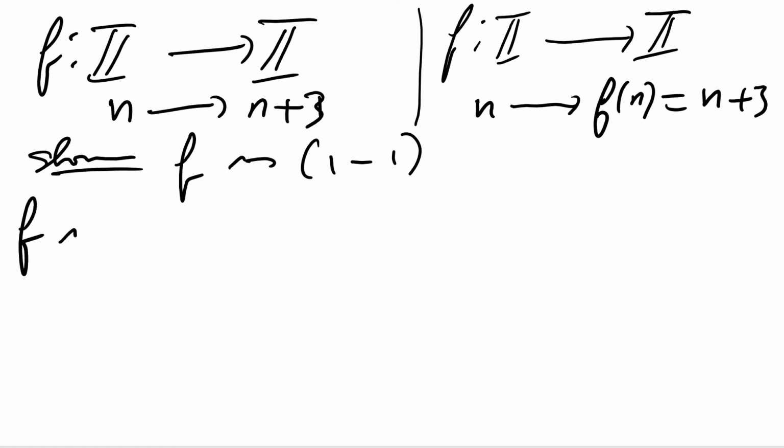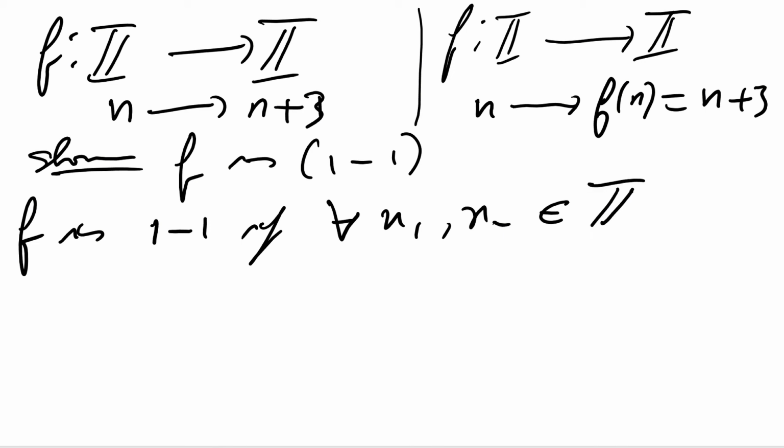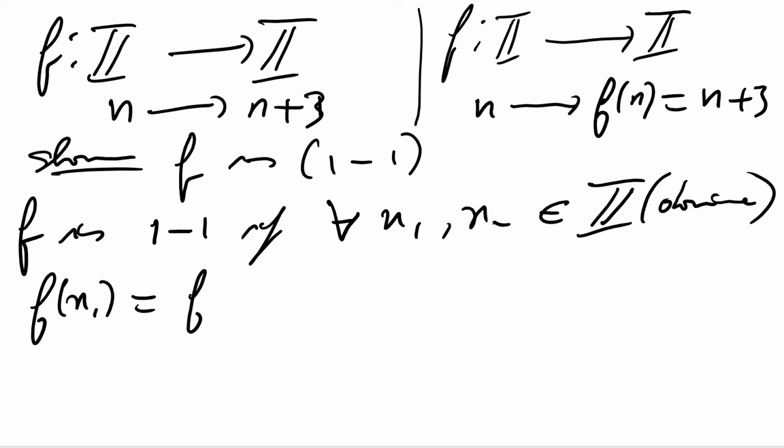So f is one-to-one if for all x1, x2 in the domain, so Z is the domain, f of x1 equal to f of x2 implies x1 equal to x2.